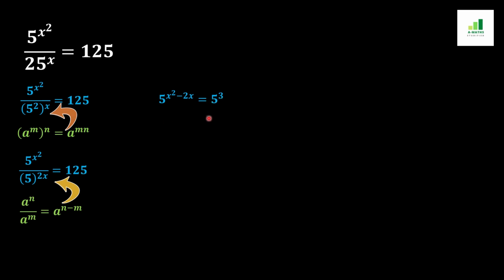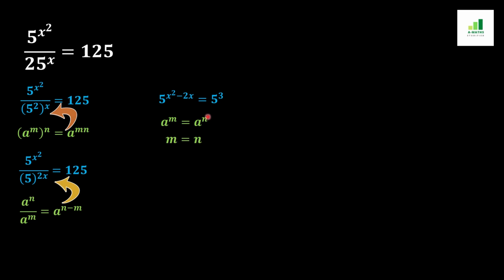Now, in the next step, we should apply the next basic rule of algebra, which is if two bases are equal in magnitude, then their powers are also equal together.